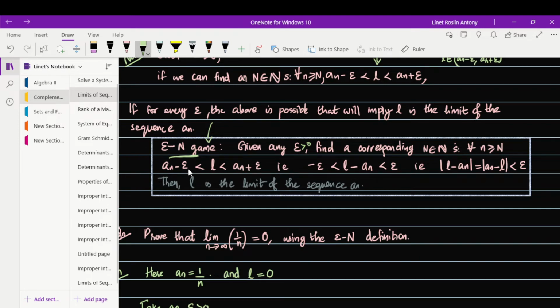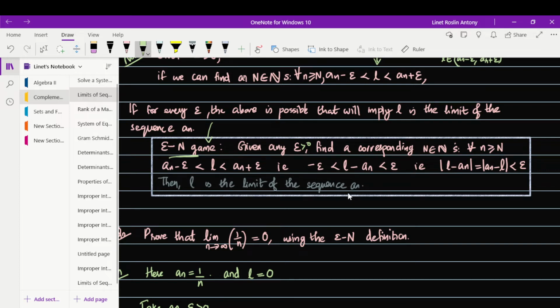That is, subtract an from all the terms, so you get minus epsilon strictly less than L minus an strictly less than epsilon. This is nothing but modulus of L minus an, which is modulus of an minus L, strictly less than epsilon. If this condition is satisfied, then we say that L is the limit of the sequence an.